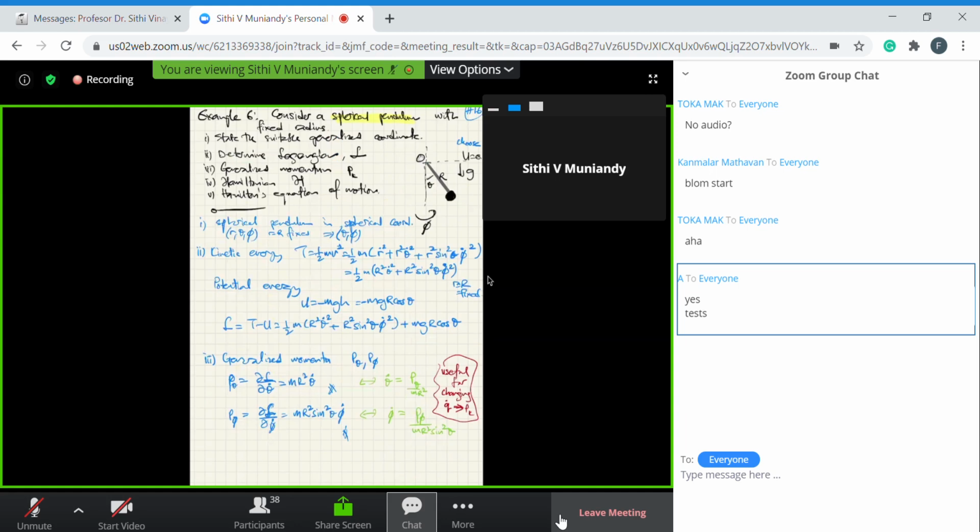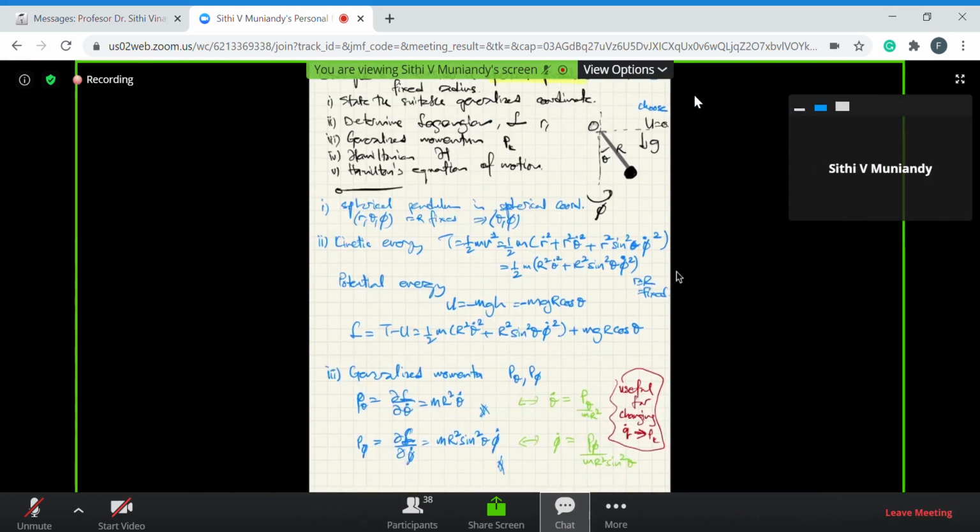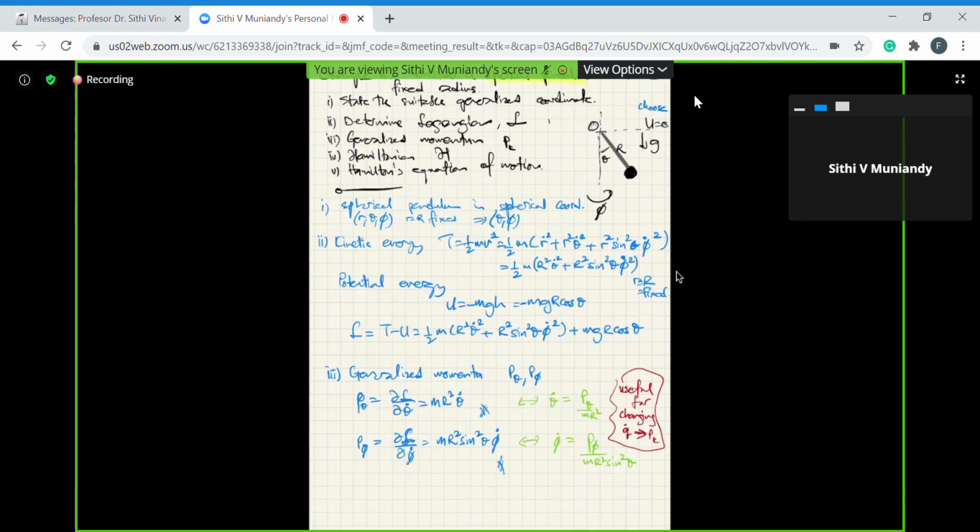It straight away requires a coordinate system of this kind: r, theta, and phi, because it's a spherical pendulum. But then some quantities can be made to go to zero because they are not changing.